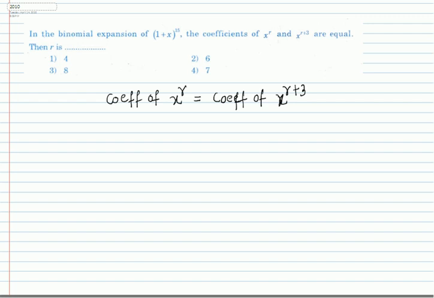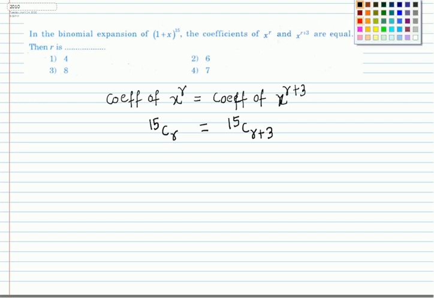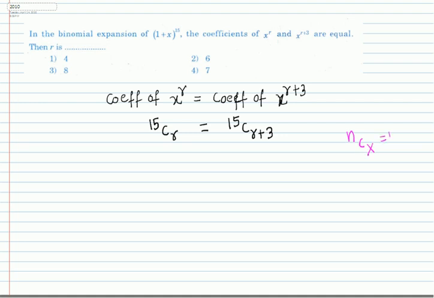Meaning, if we have x raised to r, then we have 15Cr, where n is equal to 15, which must be equal to 15C(r plus 3). By using the identity, if nCx is equal to nCy, then n must be equal to x plus y.